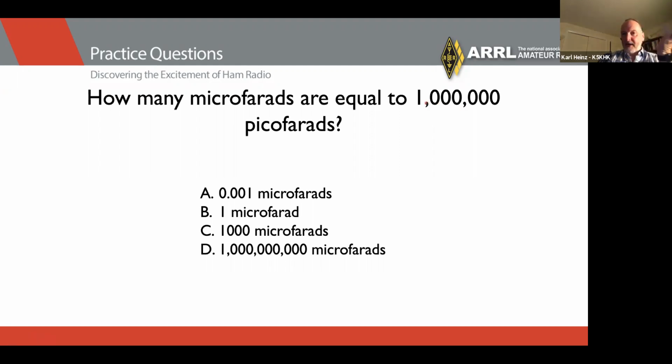We end up with 1 microfarad. And this is, I think, the only one that is moving it twice. Because if you only move it once, you end up with C, but then it's not a microfarad anymore. Right. I mean, from micro to pico you've gotta go two jumps. Yeah. I think we have to memorize this chart.